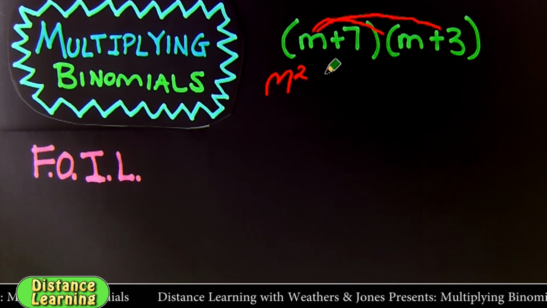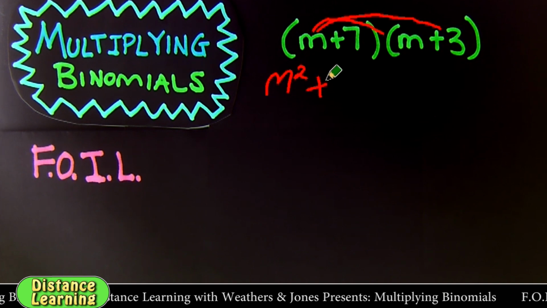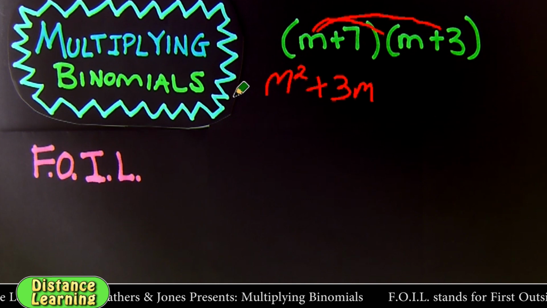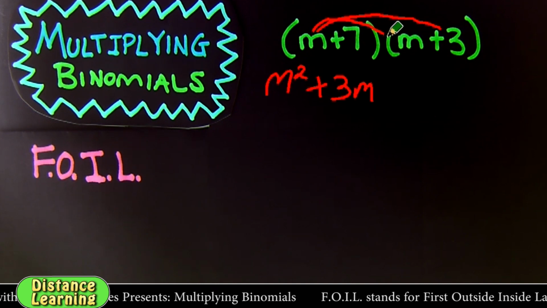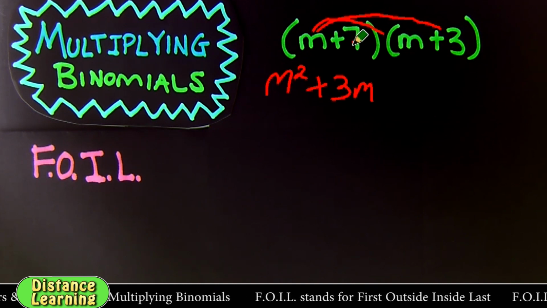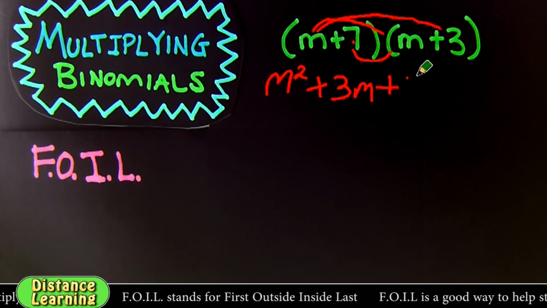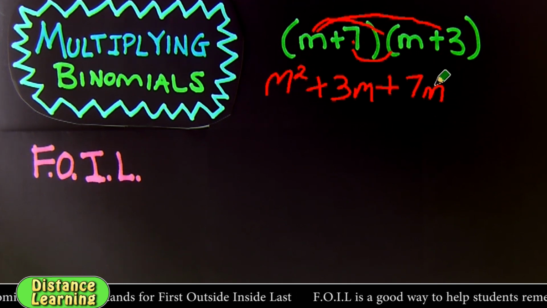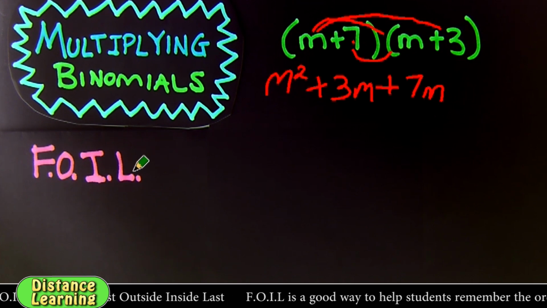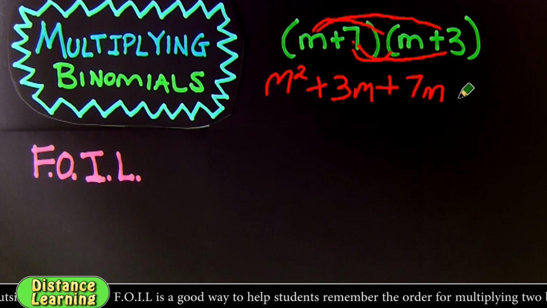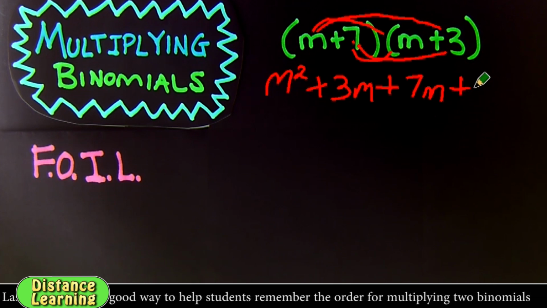So m times 3 is plus 3m. And then we have our inside. So we're going to multiply our inside terms. So we're going to do 7 times m, which is 7m. And then the last one is 7 times 3, which will give us a plus 21.